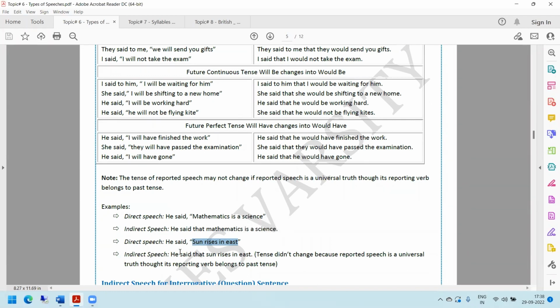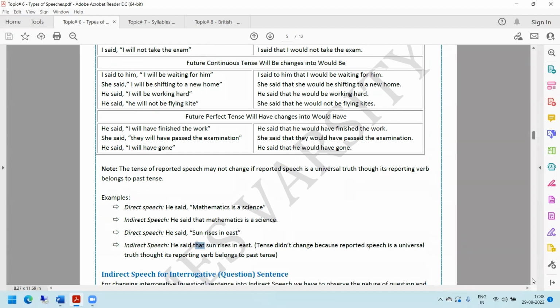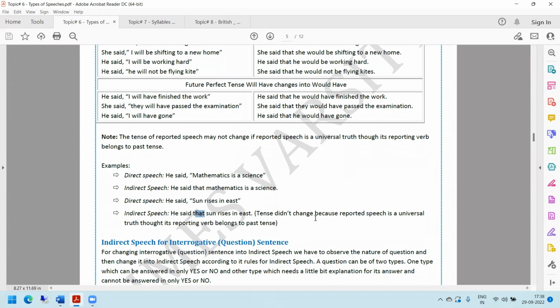The only thing we need to do is add the word that. That is the only difference between direct speech and indirect speech if it is a universal truth. So the tense didn't change because the reported speech is a universal truth, though its reporting verb belongs to past tense.